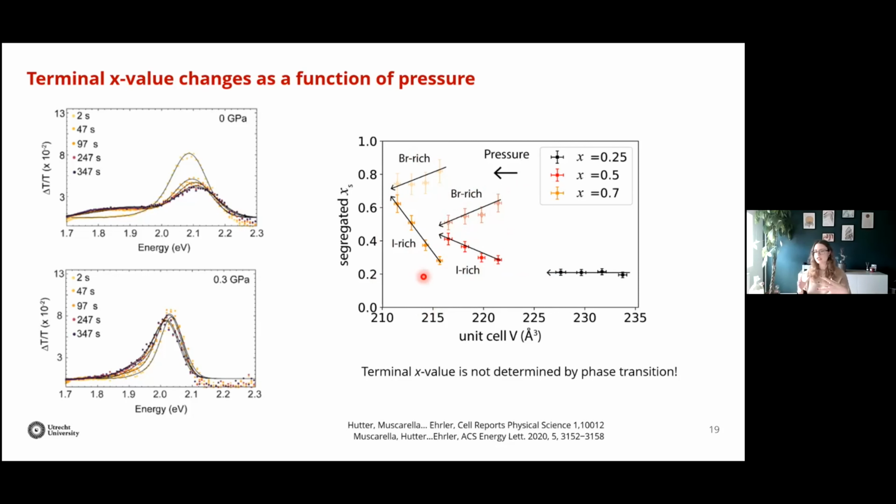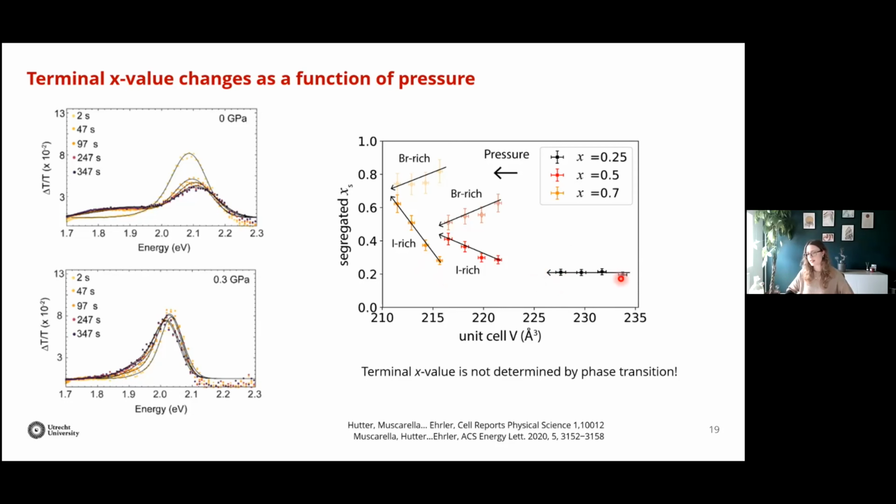This finding is not limited to one composition, but we have seen it also in other intermediate compositions. And this one is just as a reference, this is the 25% bromide that segregates only a little because it's just above the threshold for the phase segregation.